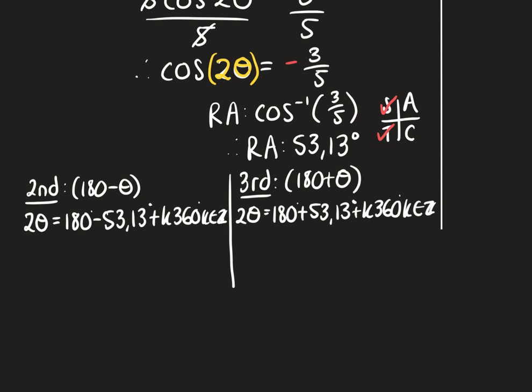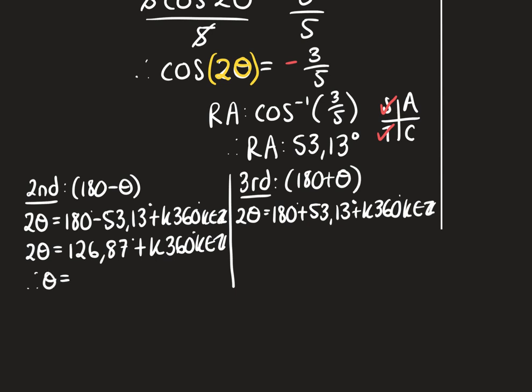Okay, now after that, we can simplify. So what we're going to do first is go 2 theta is equal to 180 minus my reference angle, which gives me 126.87. Guys, if they don't specify your decimal placing, always assume 2. Okay, and then we're going to divide everything by 2.